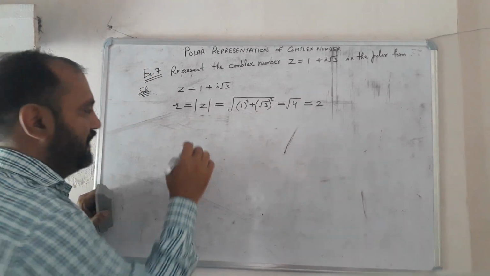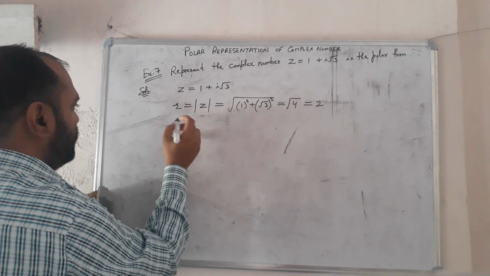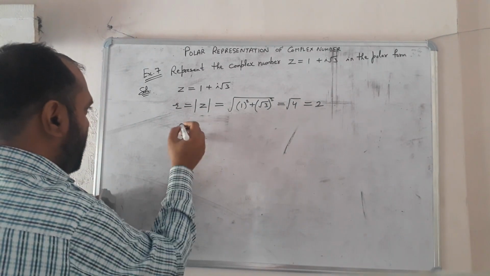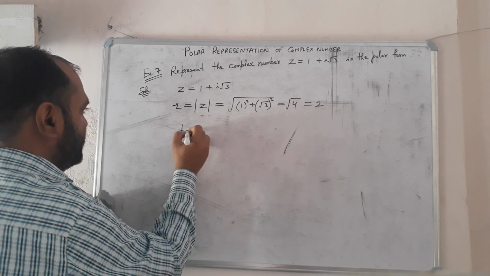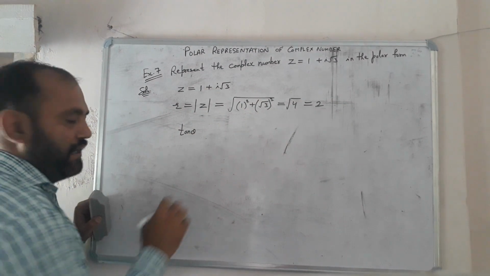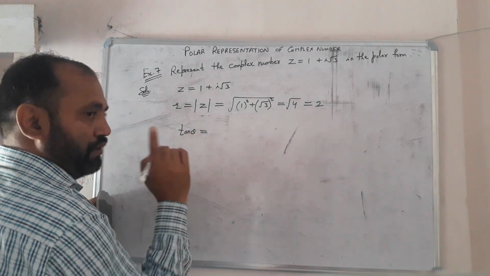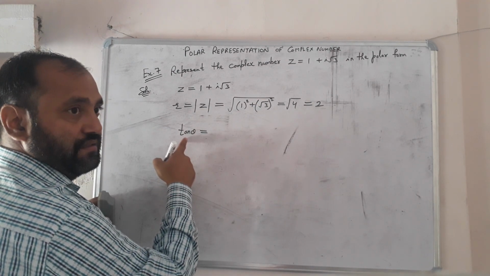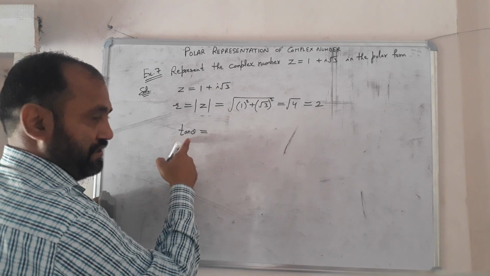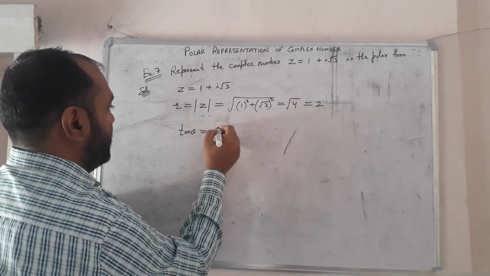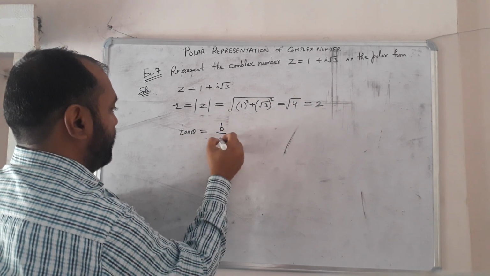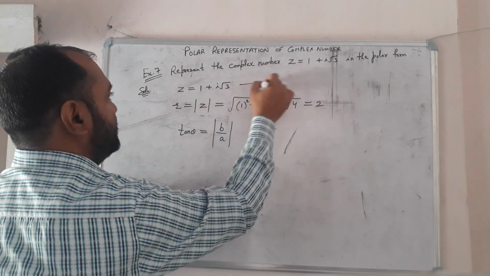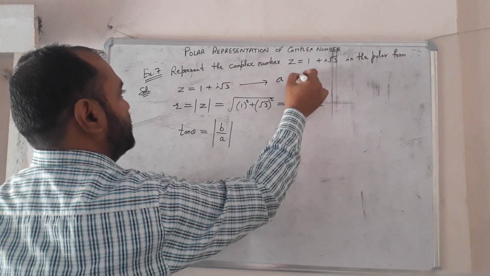Now to find the argument, we have tan theta. You start this question from this concept, right? So tan theta is b upon a. First of all, you have to compare it with a plus iota b.